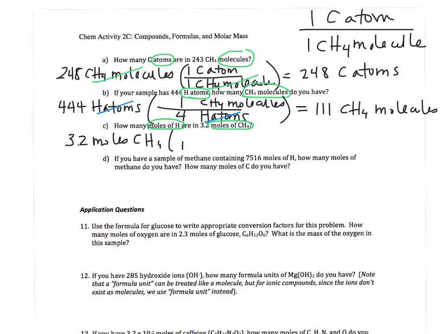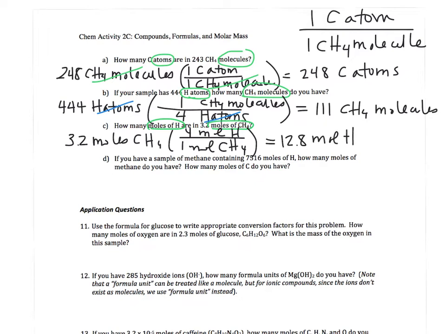So for every 1 mole of CH4, we know there are 4 moles of hydrogen. So what we get when we plug this into our calculator is 12.8 moles of hydrogen.